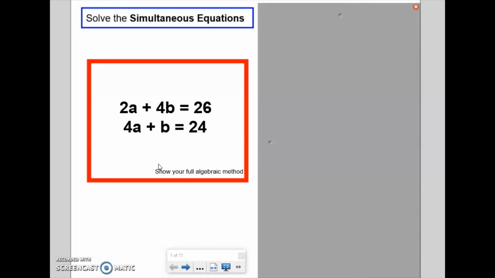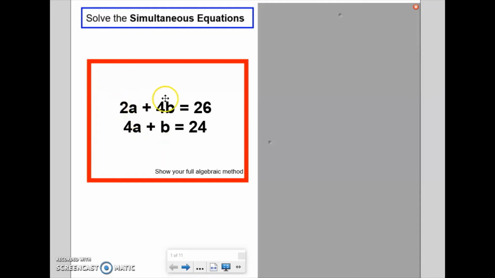So then we can remove one of the variables. If I look at this question, currently the coefficients of A are not the same and the coefficients of B are not the same. In some questions they may already be the same, but for this question we're going to need to manipulate.